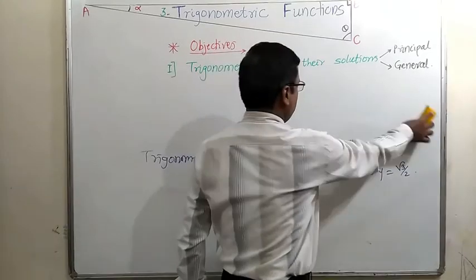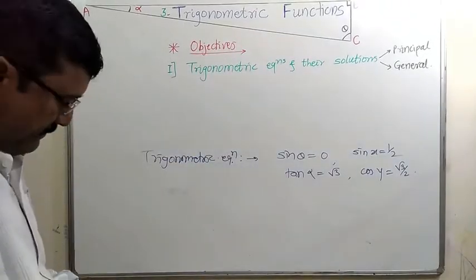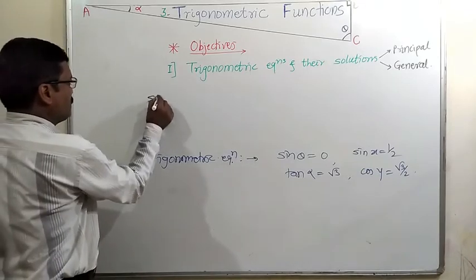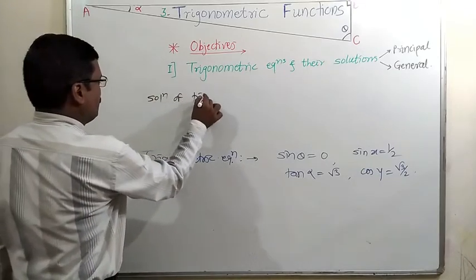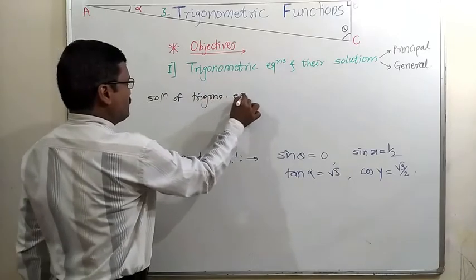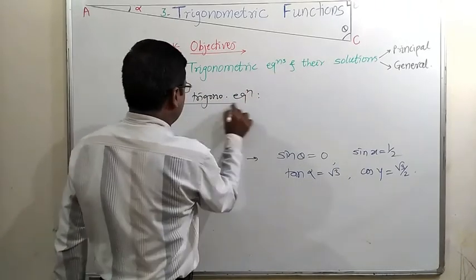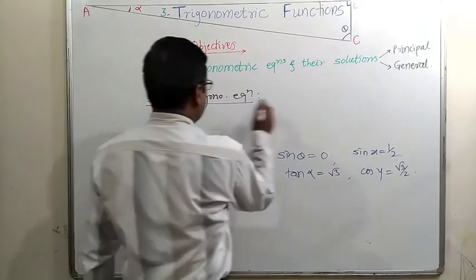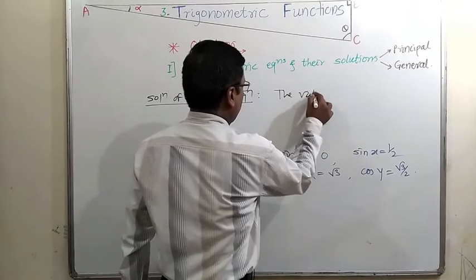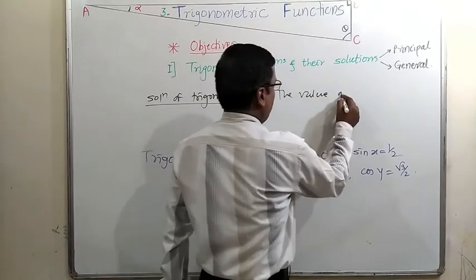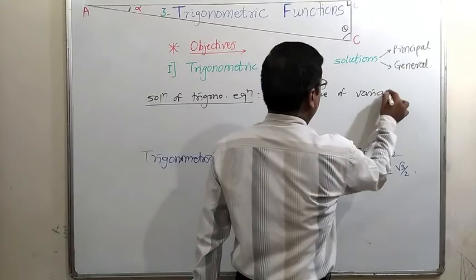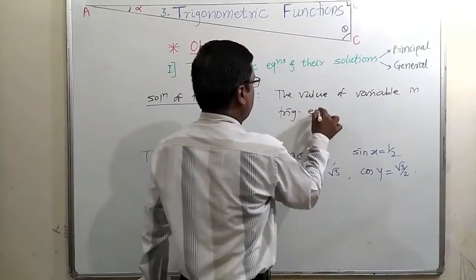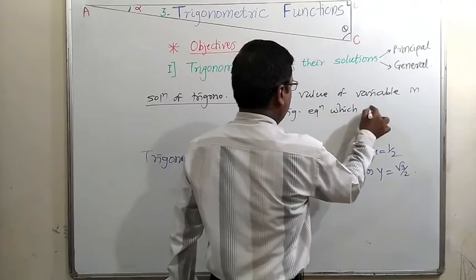Let us move towards our second point, solution of trigonometric equation. What is meant by solution of a trigonometric equation? Obviously it is the value of the variable in the trigonometric equation which satisfies it.